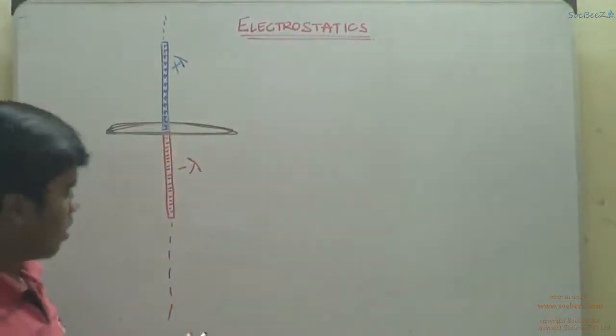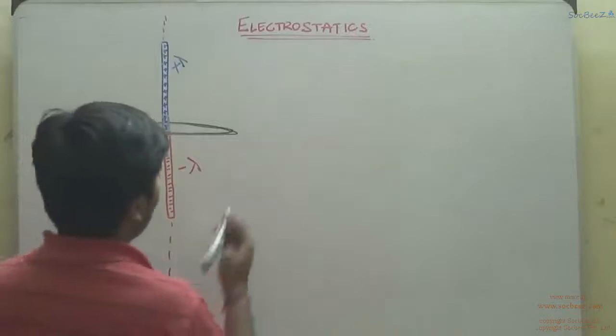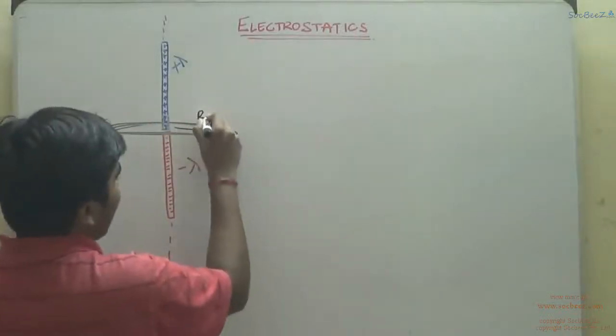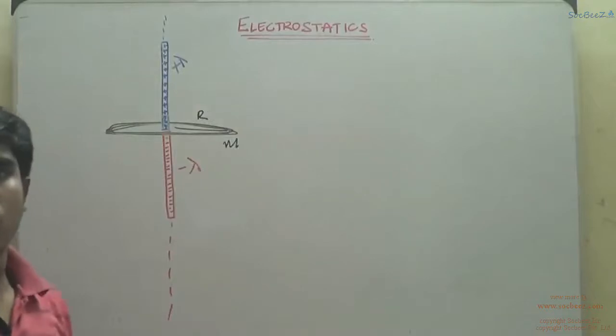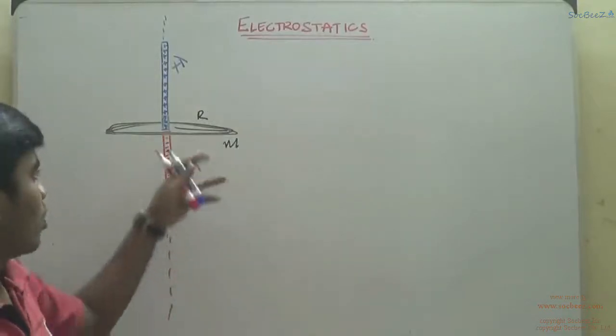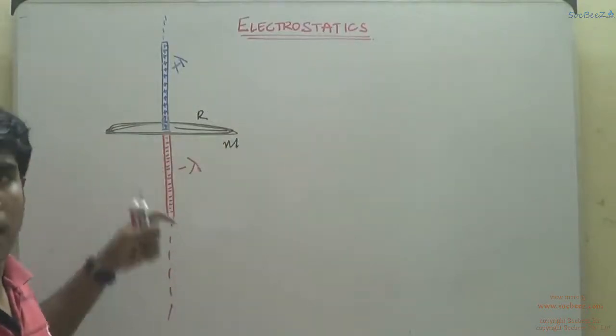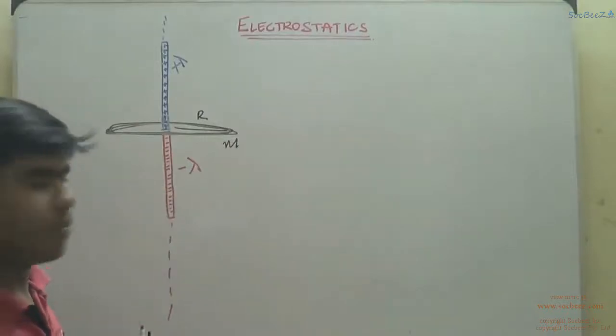Given that the radius of the ring is r and mass is m, we are required to find the charge on the ring so that the whole system is in equilibrium.